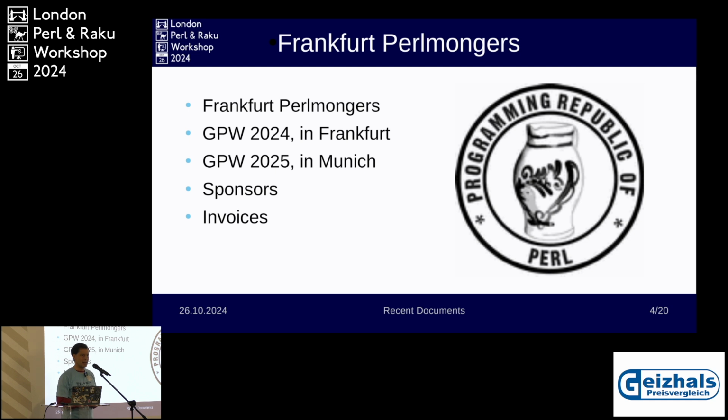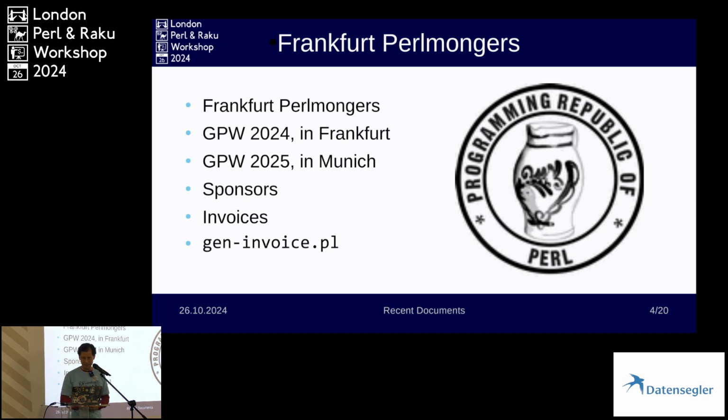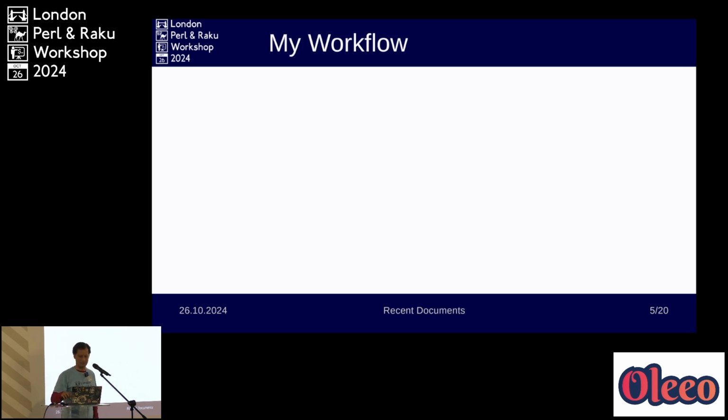And yes, I'm the treasurer of the Frankfurt Perlmongers. And so for our sponsors, I have the glorious task of writing the invoices, because money cannot flow if there's no invoice. So there is a Perl script named geninvoice.pl in my daily work, well, not daily, but at least for the Perl workshop in my workflow.